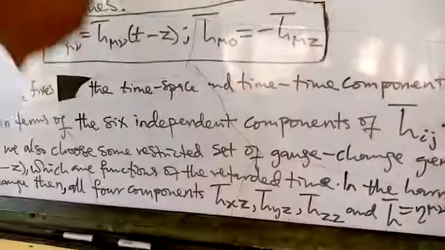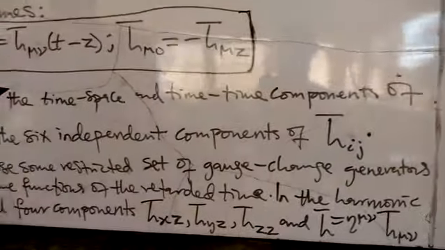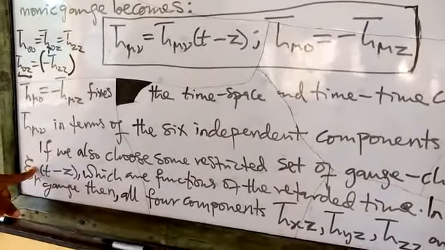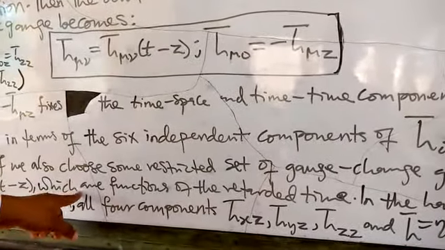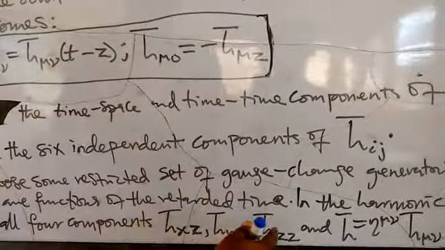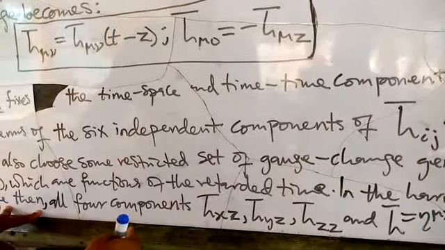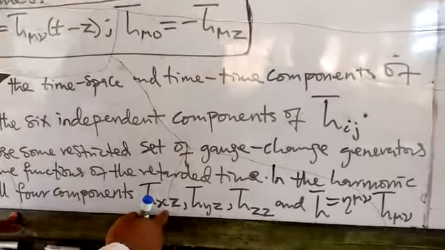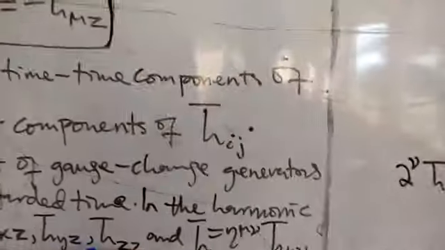Now also, in some restricted set of gauge transformations, the generator of which is contained in the transformation that we wrote in the previous slide, which are of course functions of the retarded time, then with the harmonic gauge all 4 components, that's this with xz, yz, zz, and that, are also eliminated.